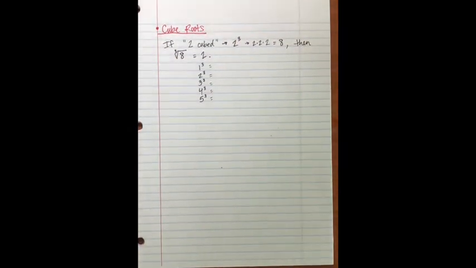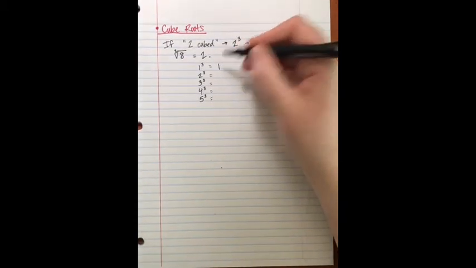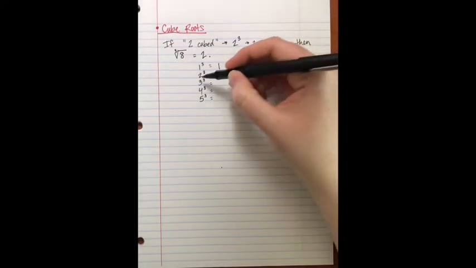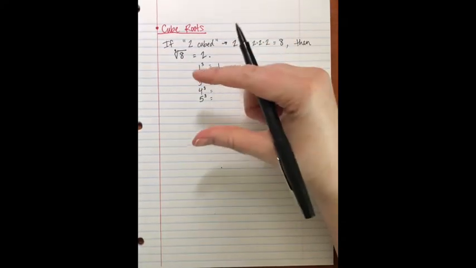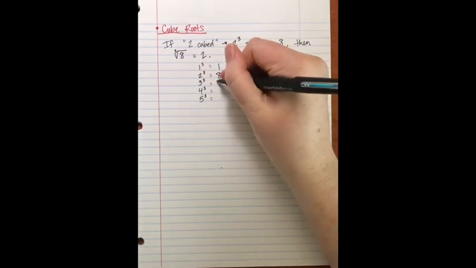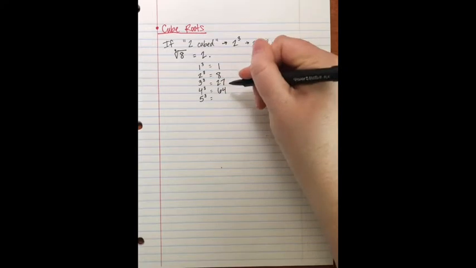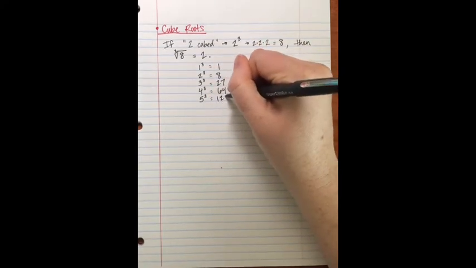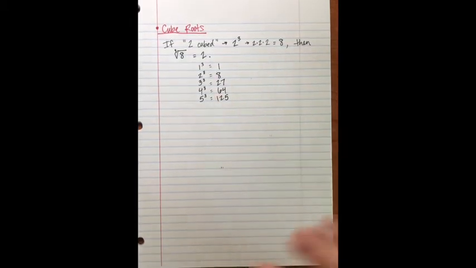You can use a calculator if you want to. Okay, 1 cubed, 1 times 1 times 1 is 1. 2 cubed, 8. 3 cubed, 3 times 3 times 3, 27. 4 cubed is 64. 5 cubed is 125. And we could keep going. 6 cubed, 7 cubed, 1 million cubed.